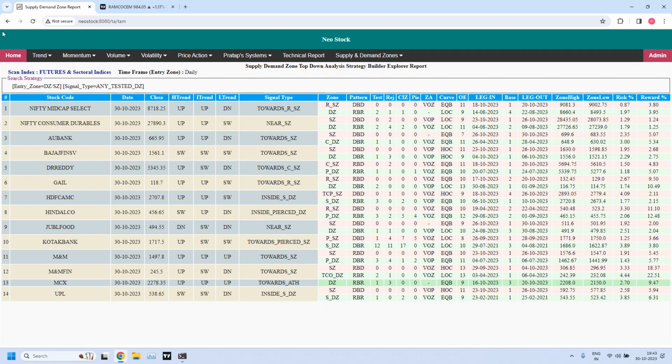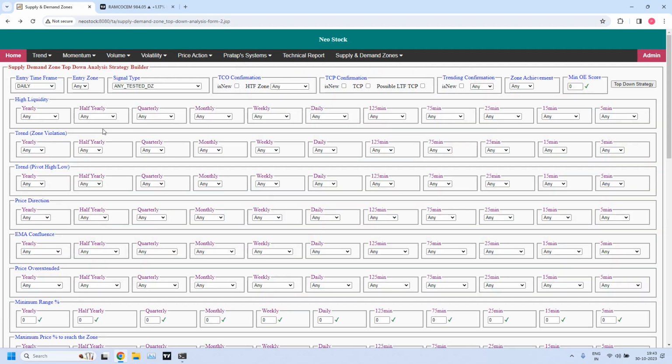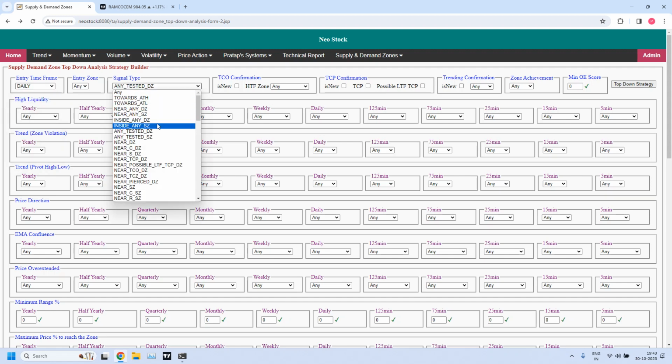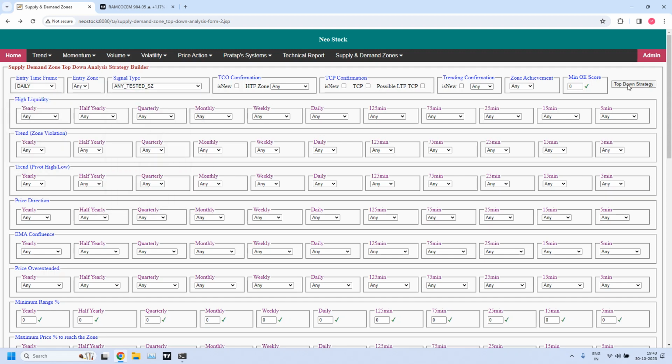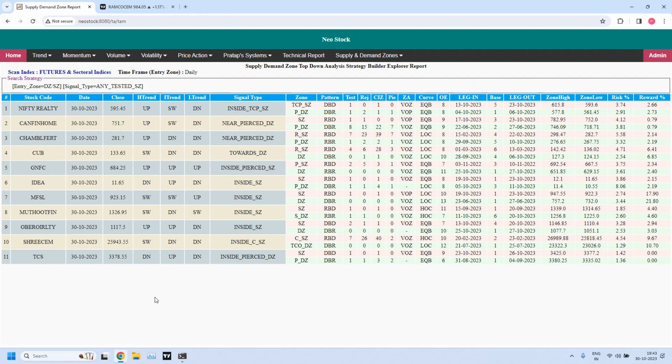So let's go back. For entry time frame daily, let us find the tested daily supply zones. So these 11 stocks have tested the supply zones.